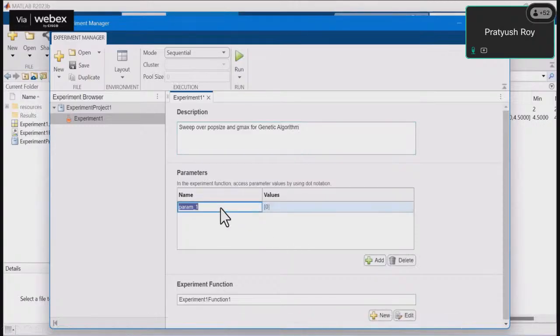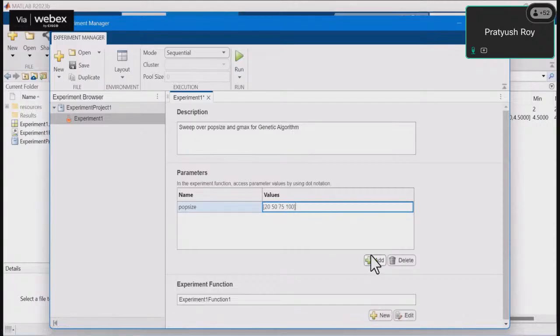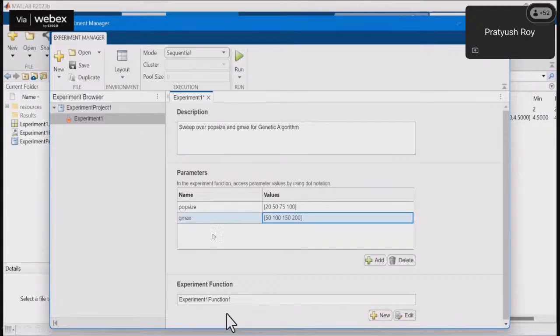Okay. What are the parameters? I might want to vary the population size by these values, right? It can be 20, it can be 50, it can be 75, or it can be 100. And the maximum number of generations I want to vary, say from 50 or 100 or 150 or 200. Okay. So there are 4 population size values and there are 4 maximum generation values.